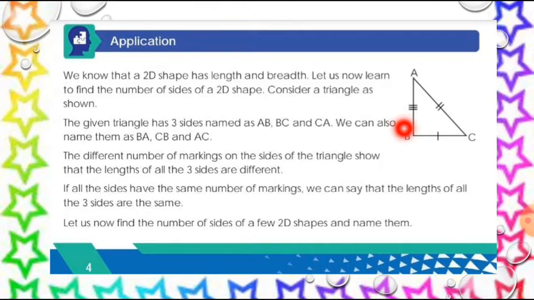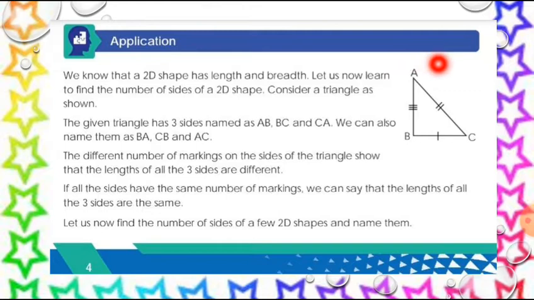This shows these 3 sides are different in length. Got it? If all the sides have the same number of markings, suppose 1 here, 1 on the next side and 1 on this side also, then we can say all these sides are same. But here all are different, so the lengths of the sides are different.